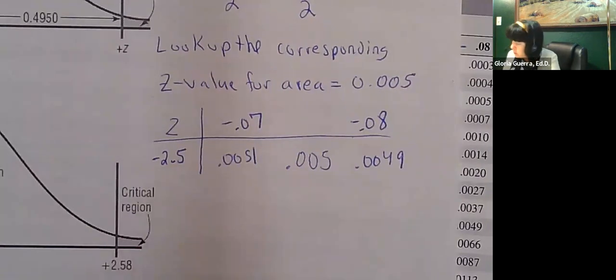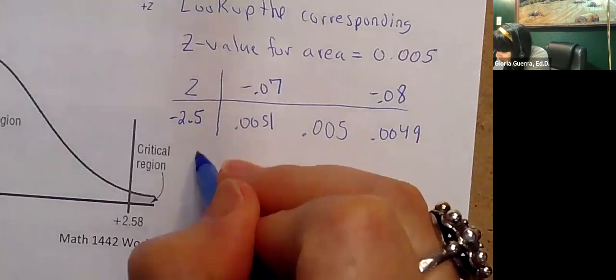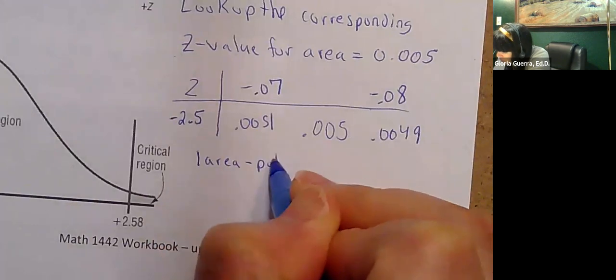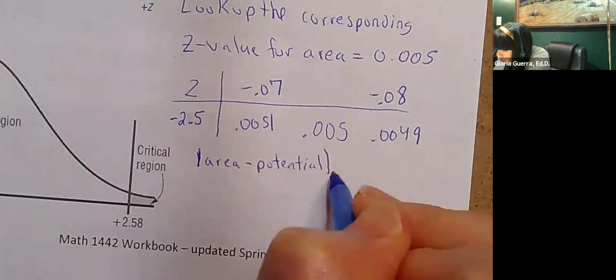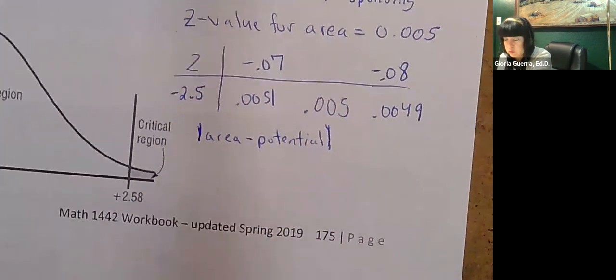Okay, so now when I do the distance, area minus potential, I want to see which one's shorter. Or the other case, which I think is going to happen here, is, remember, there's two things that can happen. Either one's shorter than the other, or they're tied.